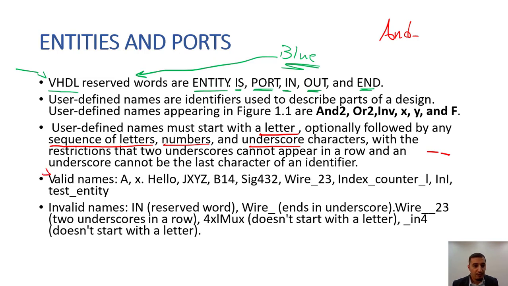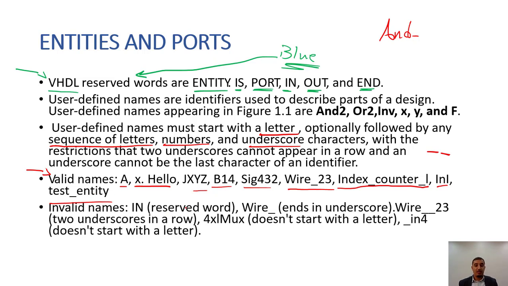Some valid names that we can use: a, x, hello is fine, xyz, b14, sign, wire_32, index_counter, entity_test.